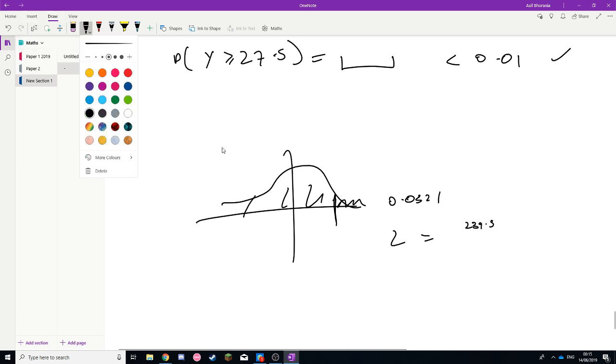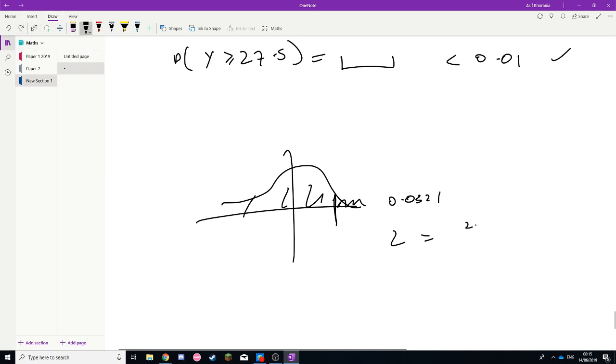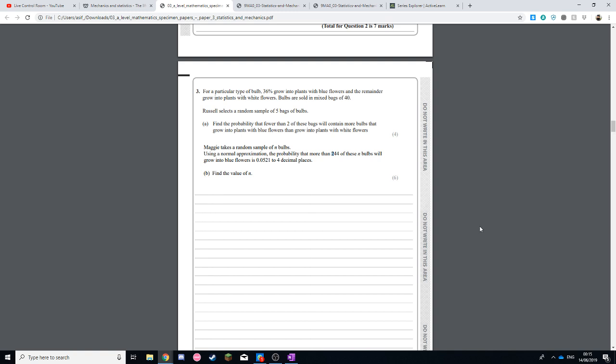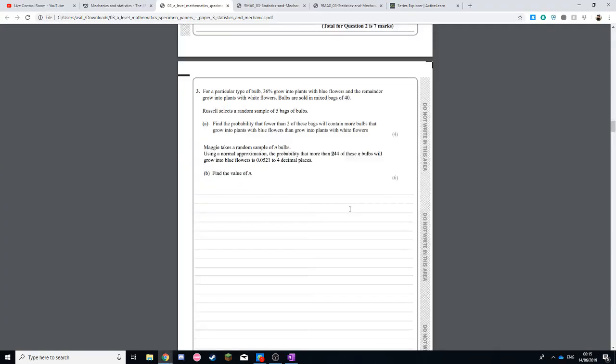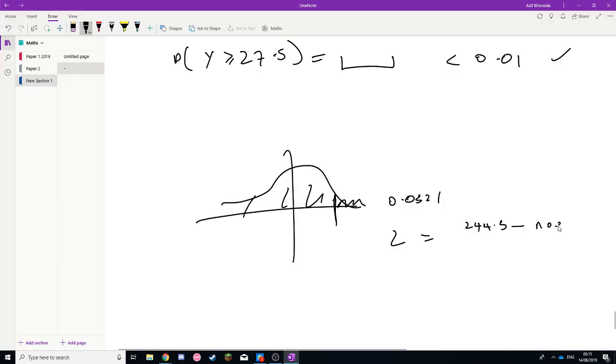So 244.5 minus the mean, which is np, with p being 0.36, over the square root of n times 0.36 times 1 minus 0.36.